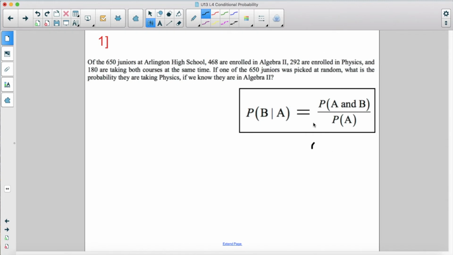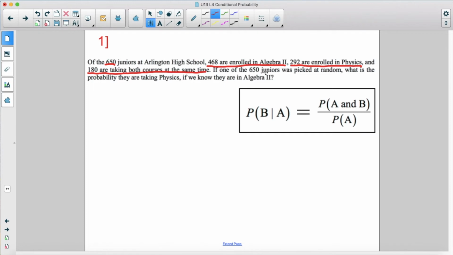All right, let's look at this first problem. It says, of the 650 juniors at Arlington High School, 468 are enrolled in Algebra 2, 292 are enrolled in Physics, and 180 are taking both courses at the same time.